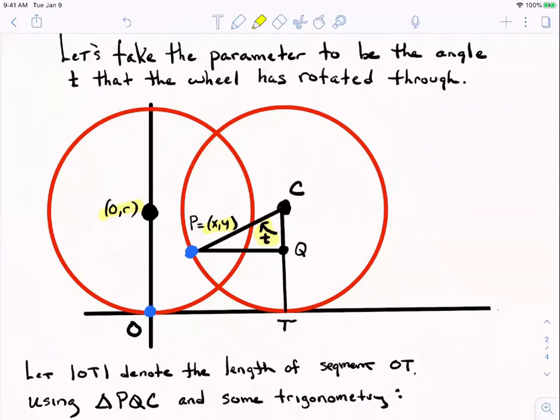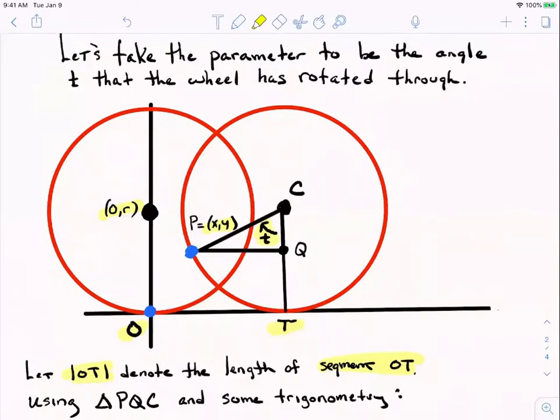Let me say something about the notation I'm going to use down here. This OT, O and T are points. So OT means the segment between them, and if I put absolute value bars, then I mean the length of that segment. And I'm looking at this triangle PQC up there.